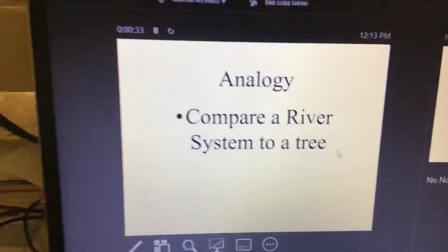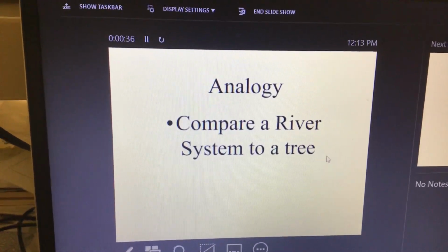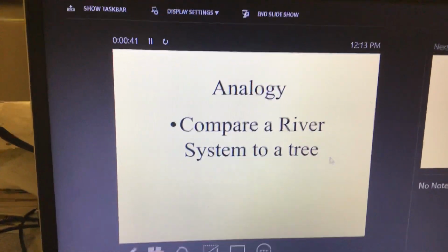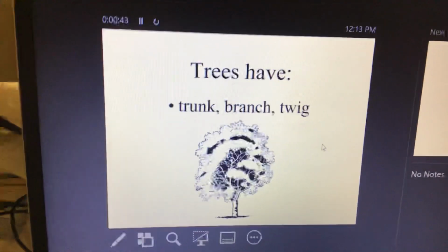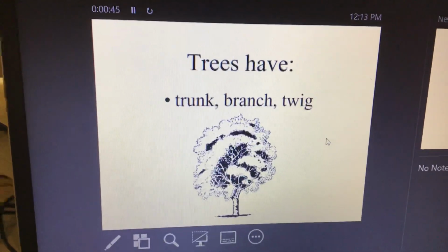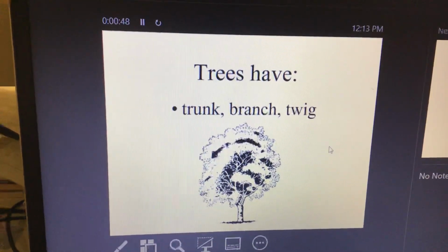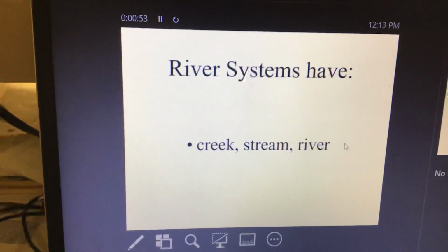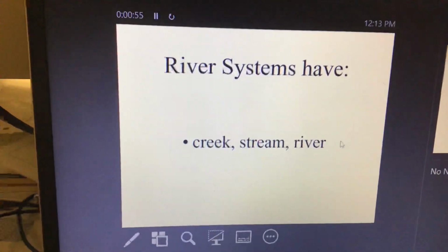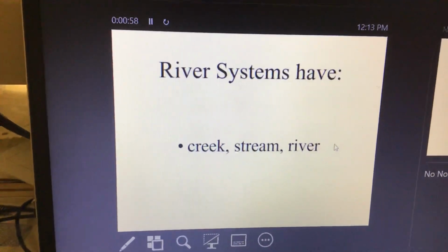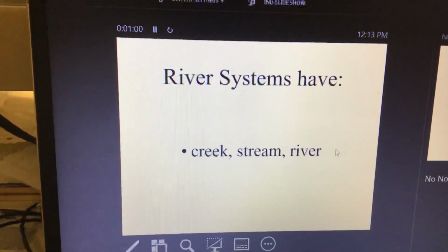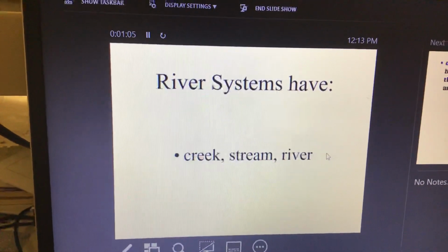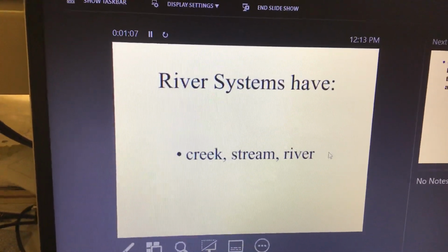You don't need to write this, but I like to think of a river system as a tree. Trees have a trunk, branches, and twigs, while rivers have creeks, streams, and rivers. Now, if I compared it, the Missouri River is a large river. So if I compared that to a tree, the trunk of the tree would be like the Missouri River.